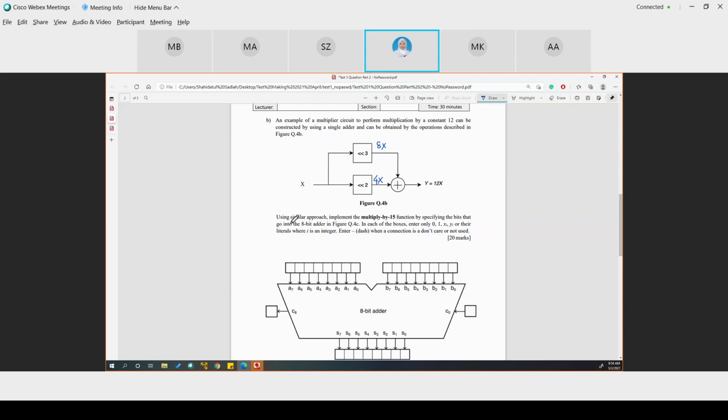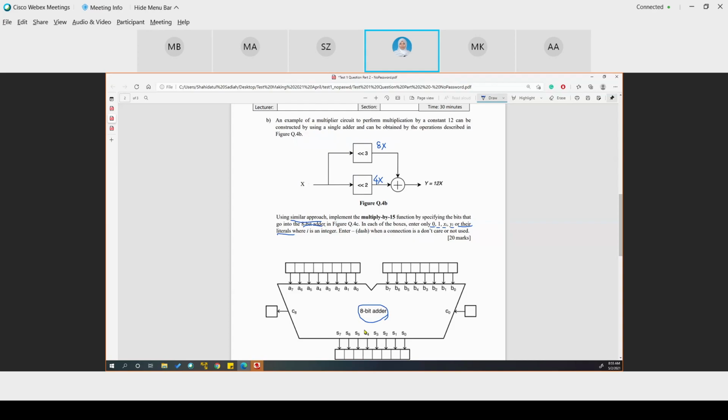Now, using a similar approach, using an adder only, implement the multiply by 15 function by specifying the bits that go into the 8-bit adder. It must be an 8-bit adder. In each of the boxes, enter only 0, 1, xi, yi, or their literals, where i is the integer. Enter dash when a connection is a don't care or not used.